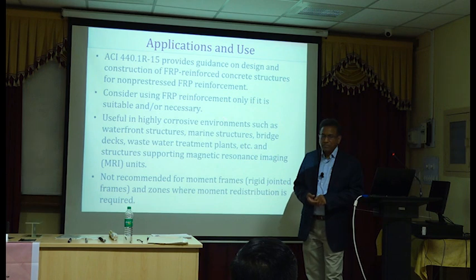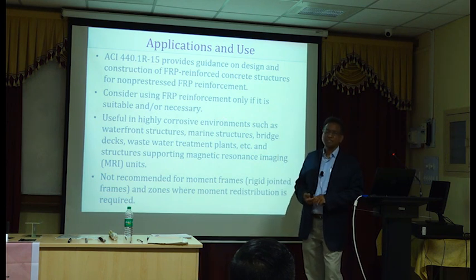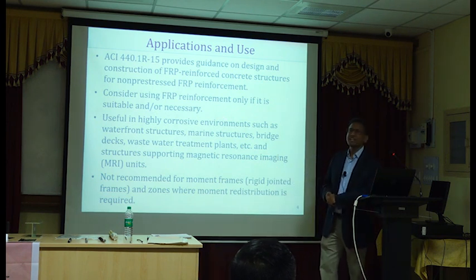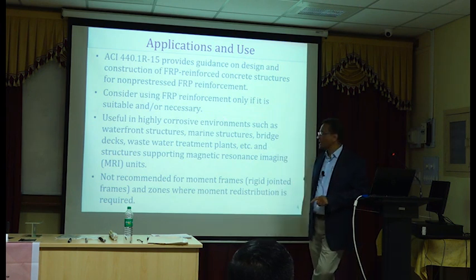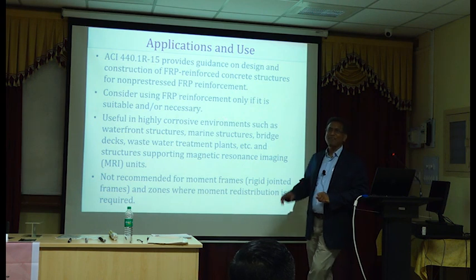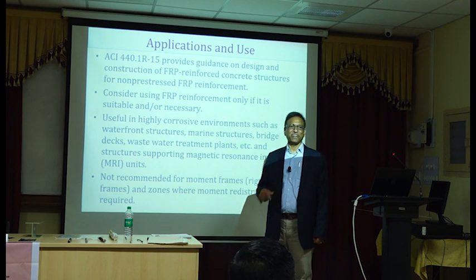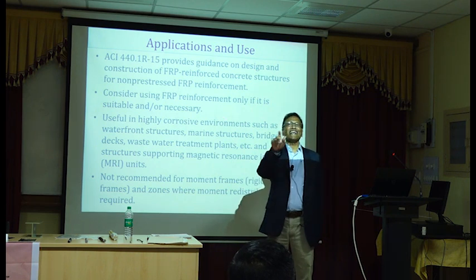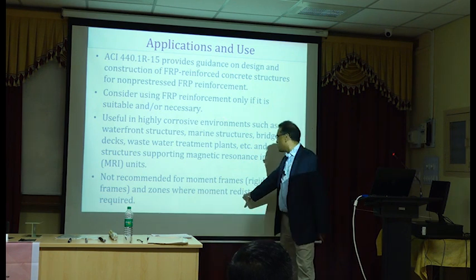But 30% is a lot, but the main thing is you have to detail for the rotation of the ends. That's the main thing. Is that right? So additional detailing is required to create the plastic hinge. And that cannot be done with FRP. Plastic hinges cannot be formed with FRP reinforcing bars. And therefore you cannot use FRP bars in rigid jointed frames with moment redistribution.